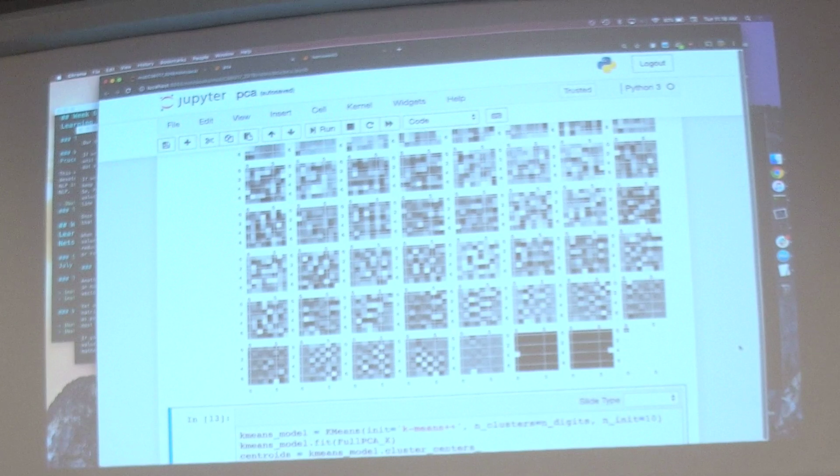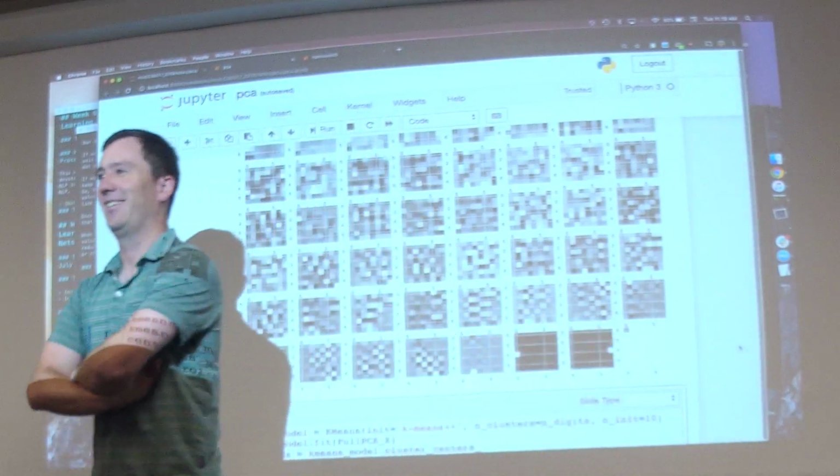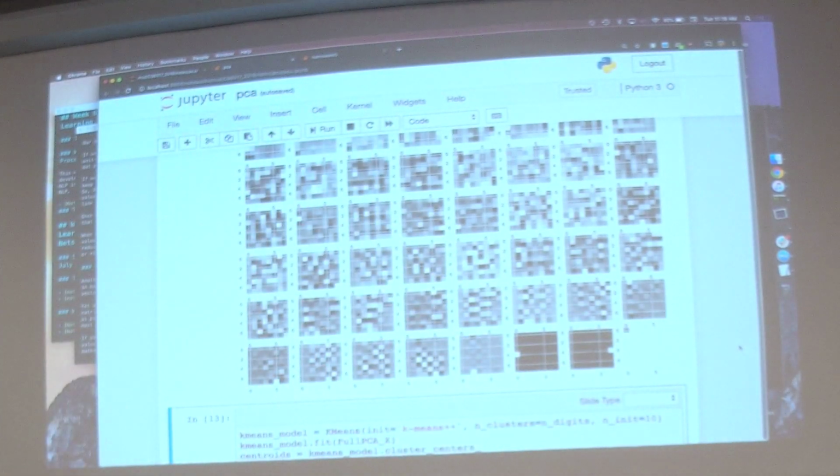Did you mention how your 64 dimensions were generated here? So we have 64 pixels, so each pixel is a dimension. And so we just ran our PCA algorithm until this weird single pixel here is the direction that is perpendicular to every other image on the screen, if you think about them as 64-dimensional vectors.